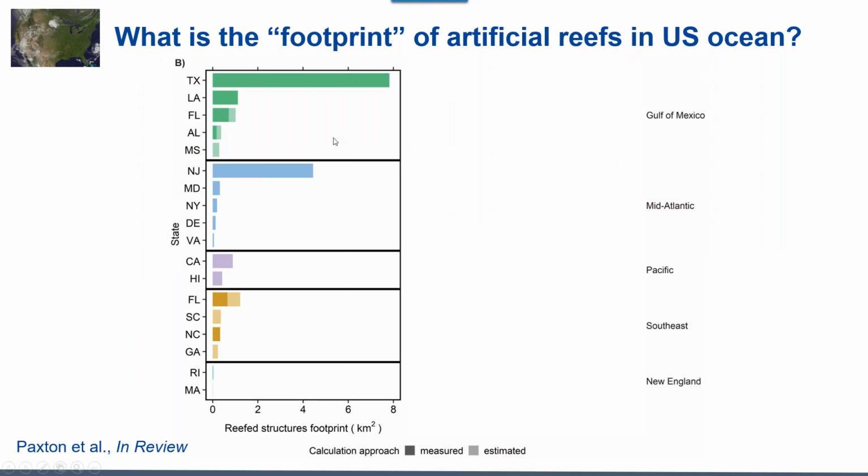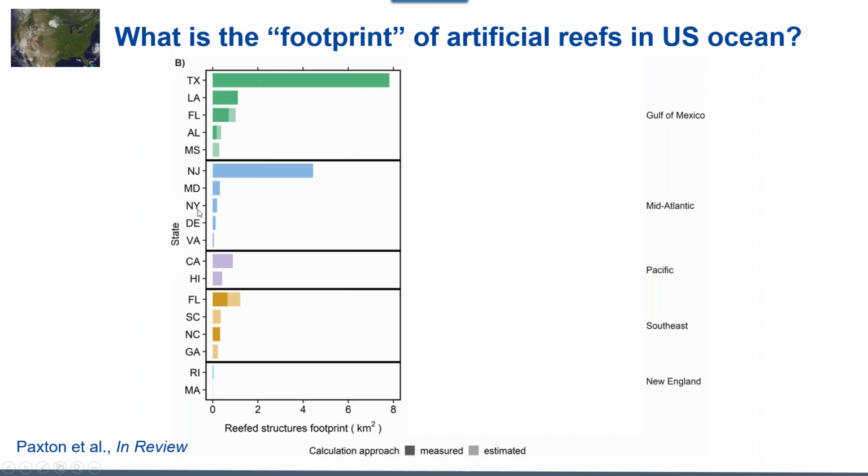We found that the artificial reef footprint is the largest in Texas. And let me orient you a bit more to this before we go into more detail. So x-axis here, we have the footprint of reefed structures themselves. So this is the footprint of the ships and the concrete pipes and other materials.